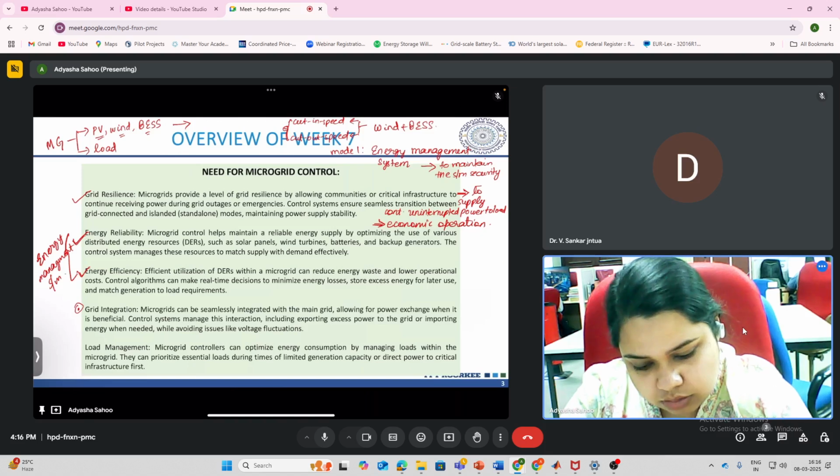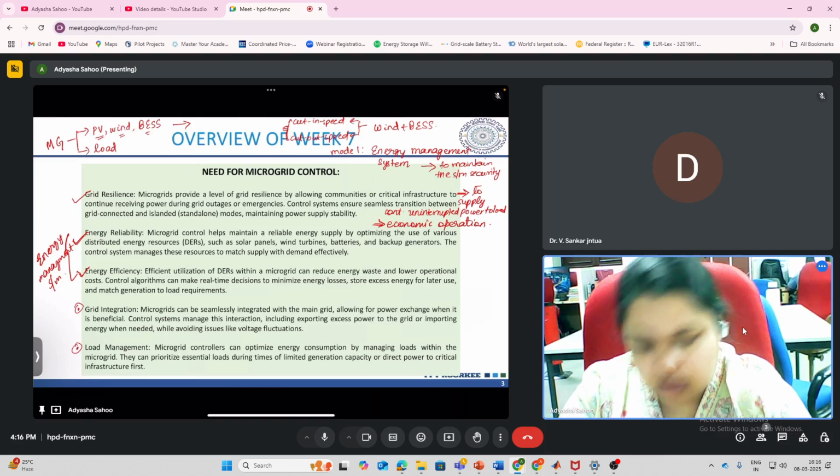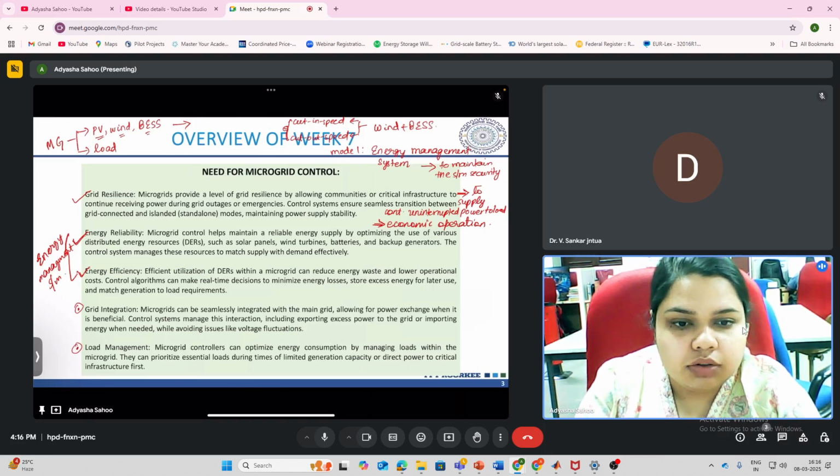Now, load management. Again, if it is an islanded microgrid, then it may happen that sometimes you do not have enough power to supply all the loads of the system. Then you have to decide which are the high priority loads and supply the energy to them first, and then you can provide power to the lesser priority loads.